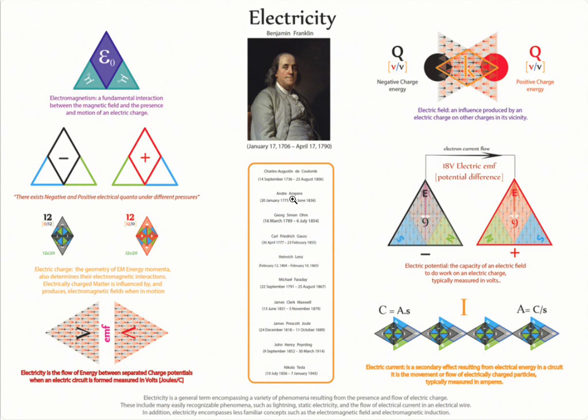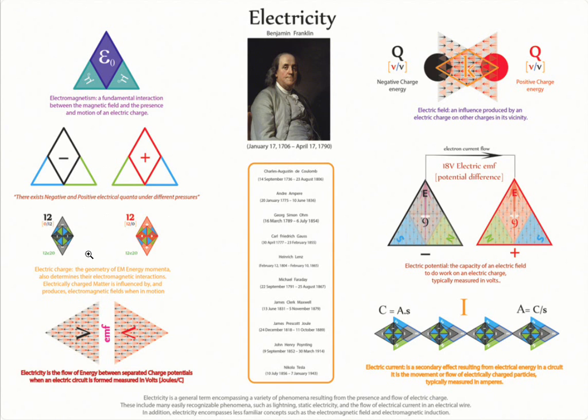Many mathematicians have applied their work, as you can see here, to determine the geometry and the physical forces that these equilateral energy momenta produce. And as the centuries have gone on, the research has become more and more mathematical. Fortunately, the geometry never changed.